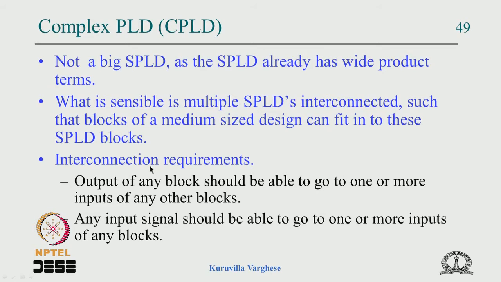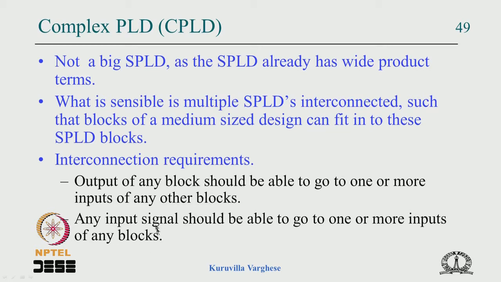So the requirement is that the output of any block, like you have an SPLD block, should be able to go to one or more inputs of other blocks. Suppose we have 4 SPLD blocks, any of the outputs of one SPLD should be able to go to any of the inputs of the other 3 blocks, then only we can cascade and implement some useful function.